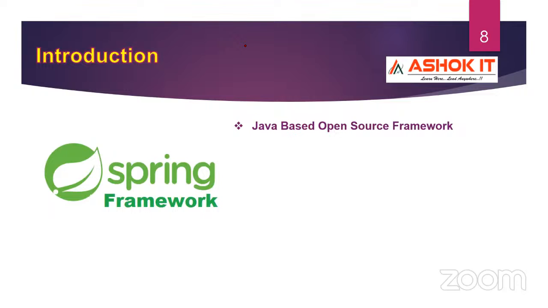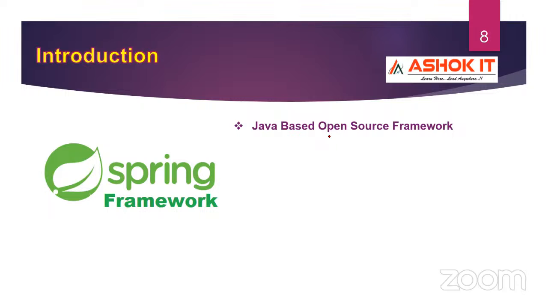What do you mean by open source? Everyone can download the Spring software free of cost, and everybody can work with Spring. Also, the source code of the Spring software is exposed to the developer. The source code is available along with the software, guys.